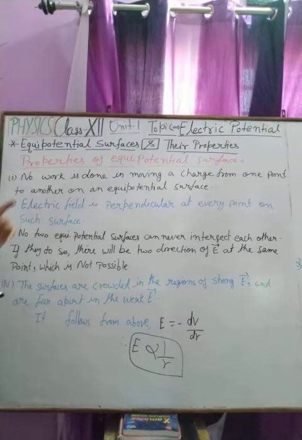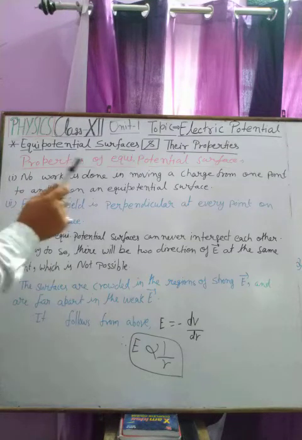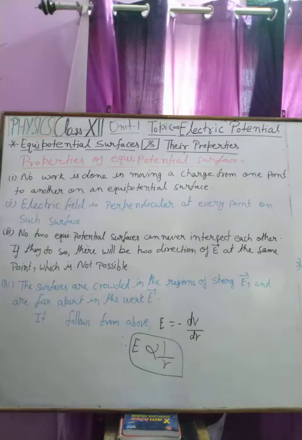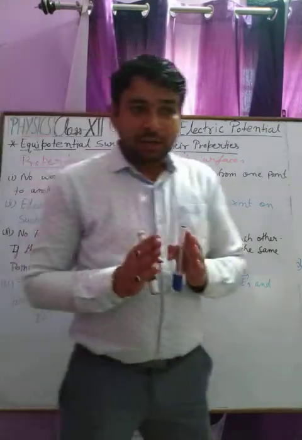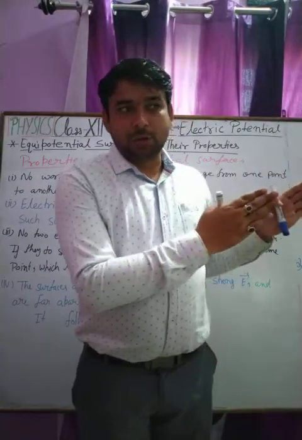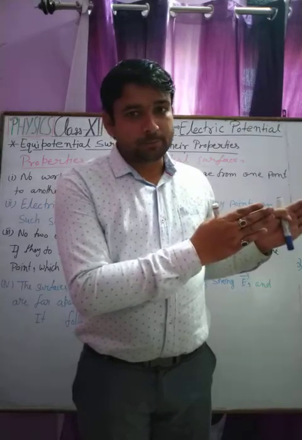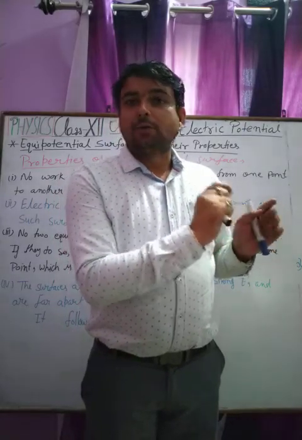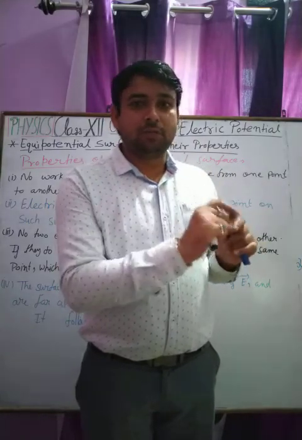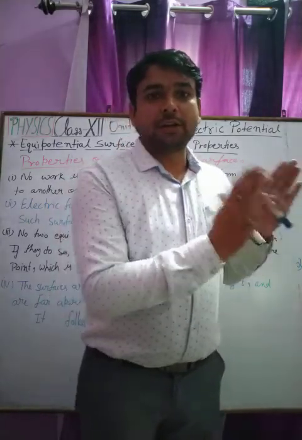As we learned earlier in the definition of the equipotential surface, no work is done in moving a charge from one point to another on an equipotential surface, because the potential at every point on the equipotential surface is exactly the same. So work done, which is given by W equal to QΔV, ΔV is zero, so work done is also 0.